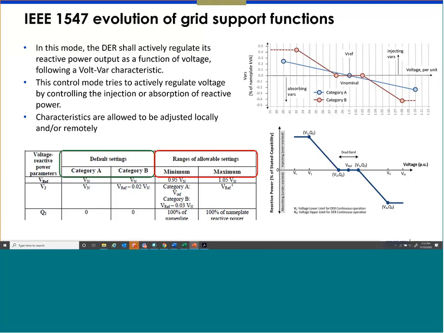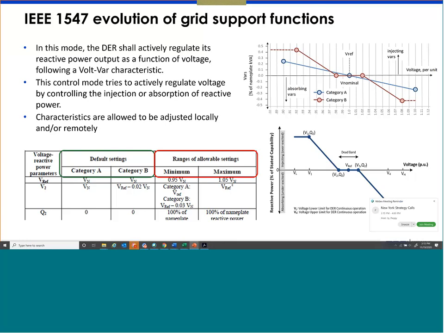However, if you feel like, oh, I have a severe problem in this region, so I don't want Vref to be neutral, I want it to be 0.98. Or this system is very close to the substation where voltage is always high, so I don't want its reference voltage to be 1, I want it to be 1.02, so that it doesn't always have to produce reactive power or absorb reactive power.